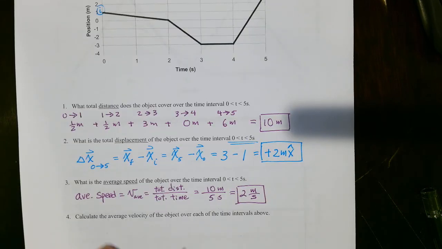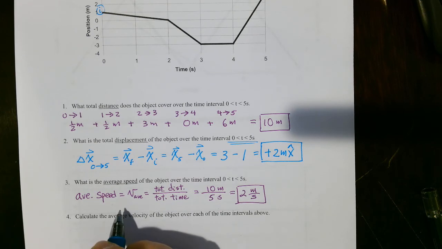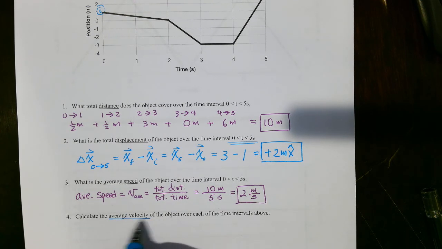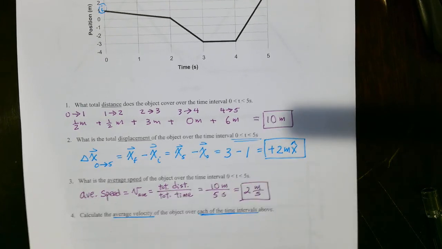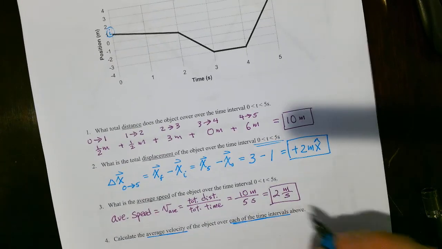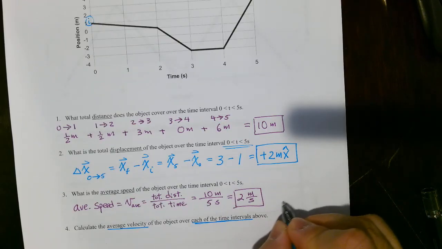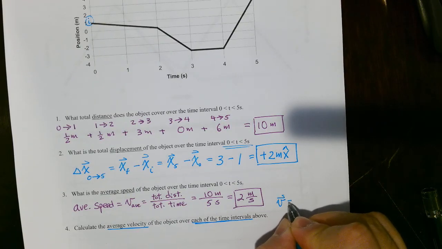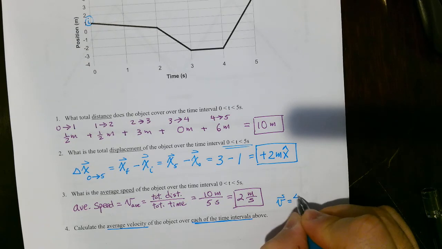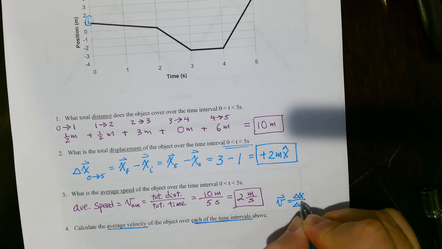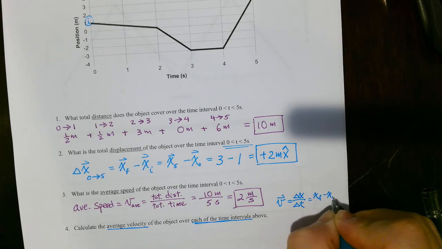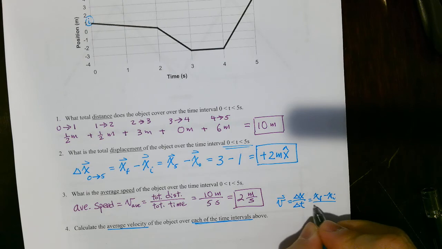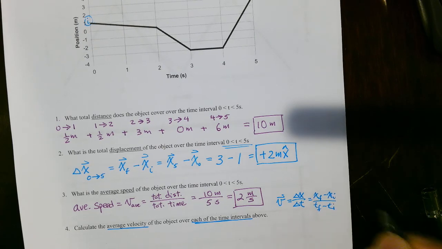Now let's do the average velocity for each time interval. So for average velocity for each of the time intervals, we can say v is equal to delta x over delta t, which is x final minus x initial over t final minus t initial.